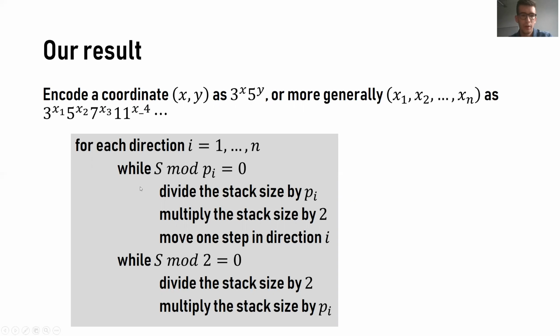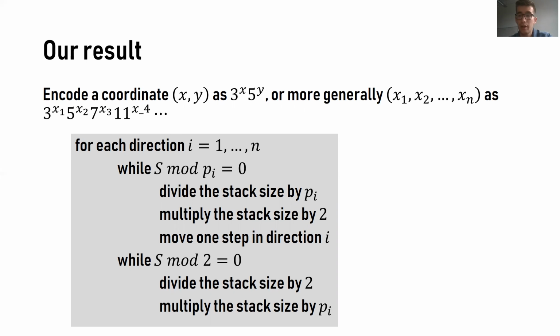So what do we do? While this value is divisible by, for example, 3, we know that there's still some 3 factor in there. So we divide it by 3, but then multiply it by 2 to keep track of our change. And then we move 1 step in this direction, and then again repeat this loop.